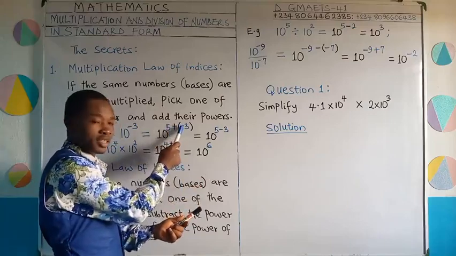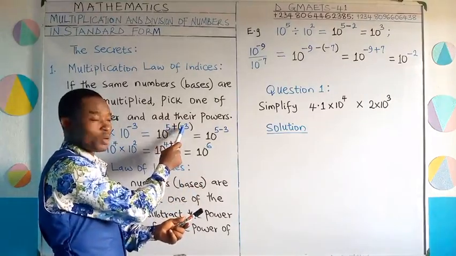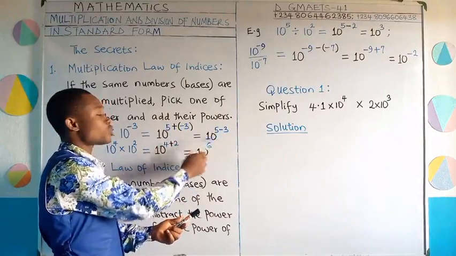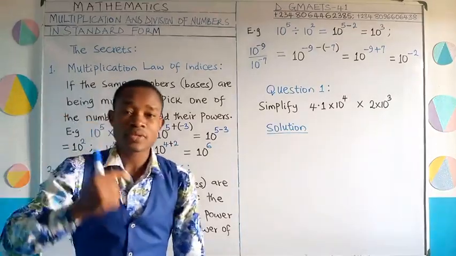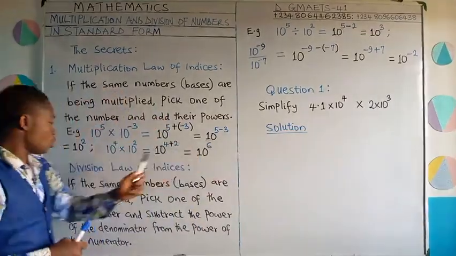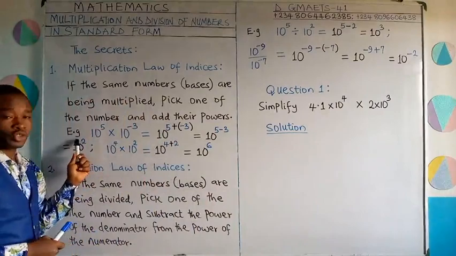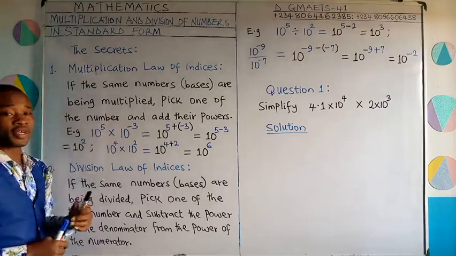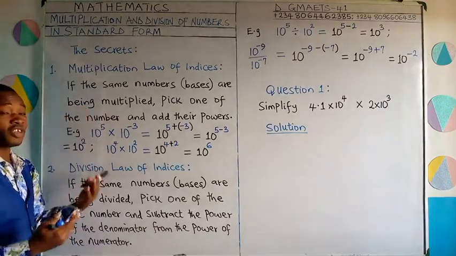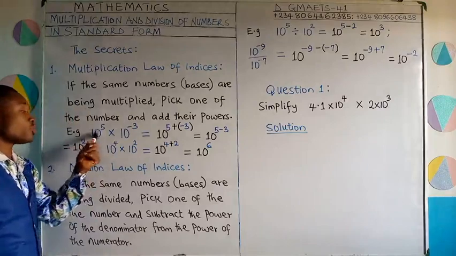Plus times minus will give us minus. So this will actually become 10 raised to the power 5 minus 3. And 5 minus 3 is 2. So this term will give us 10 raised to the power 2. Which means 10 raised to the power 5 times 10 raised to the power minus 3, following the multiplication law of indices, gives 10 raised to the power 2.